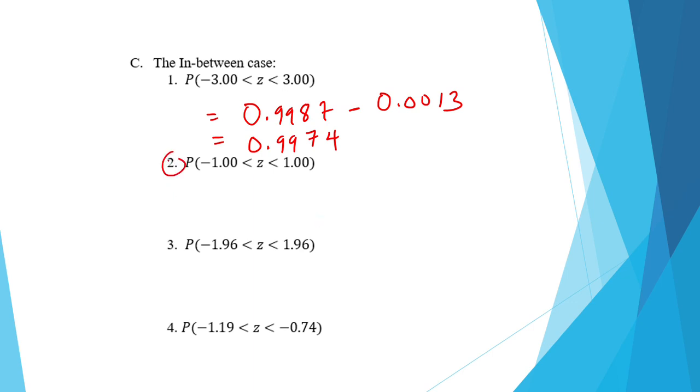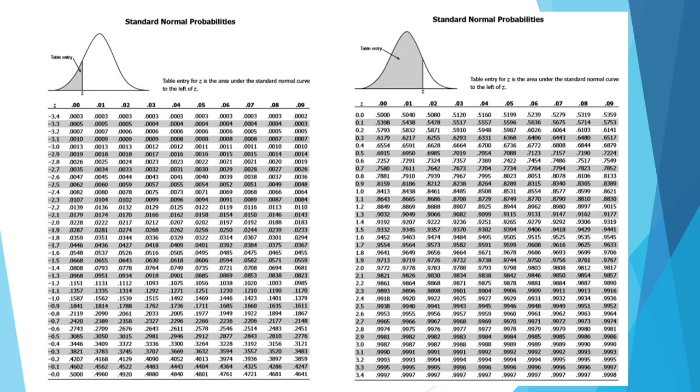In examples 2, 3, and 4, I want you to try those on your own. Pause the video and try it on your own using the z-table. The area to the left of negative 1.0 is 0.1587, and the area to the left of 1.0 is 0.8413.